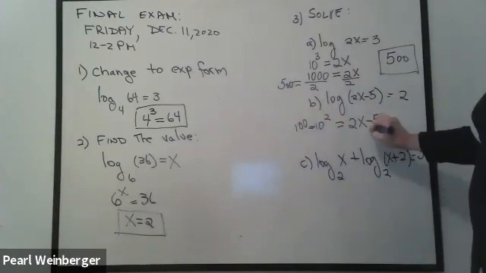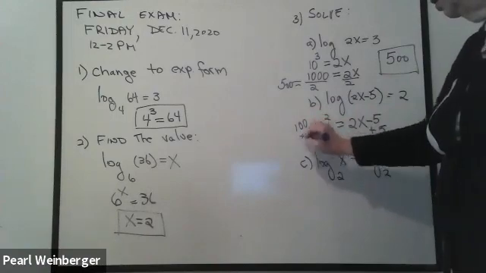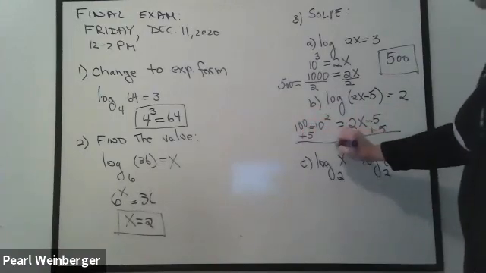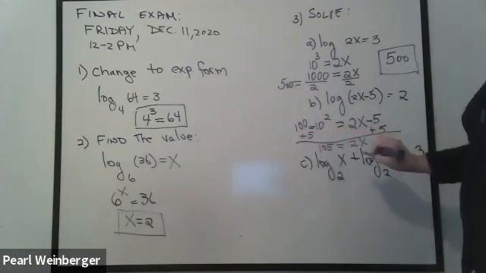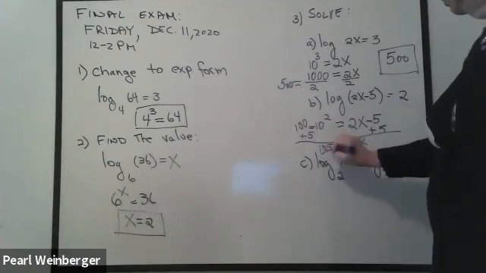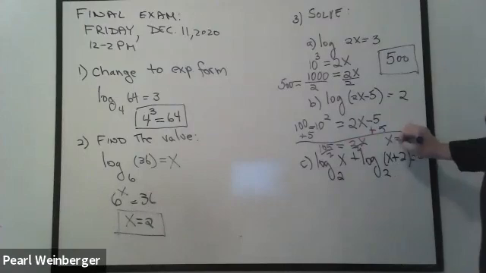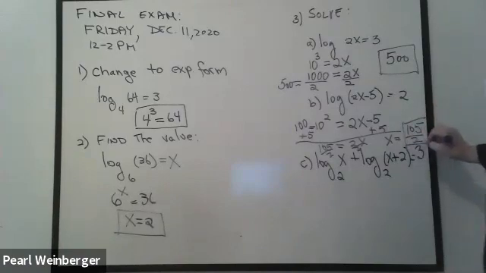So the first thing I'll do is add 5 to both sides. So that'll give me 105 is equal to 2x. And then divide both sides by 2, so that it gives me x equals 105 divided by 2. Usually this answer, which is an improper fraction, is acceptable.